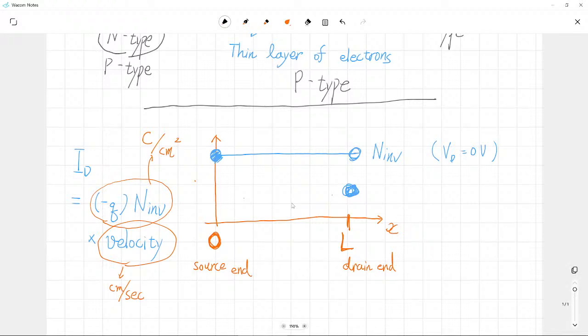So when we consider the product between this minus Q inversion and velocity, we will eventually have something like coulomb per second, and also centimeter in the numerator part. In the lower part we still have centimeter, and this is not good for our current calculation.